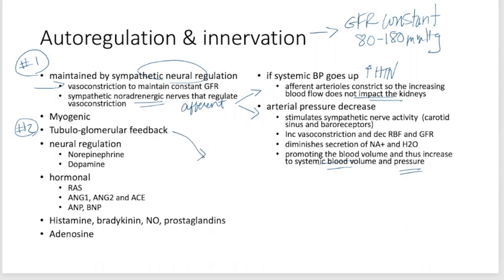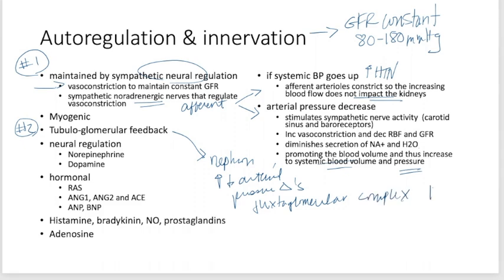This is a second mechanism of autoregulation for the renal blood flow and GFR, and that is based on the glomerular filtration rate in an individual nephron, which increases or decreases with arterial pressure changes, and then the juxtaglomerular complex will alter sodium. So increase or decrease sodium based on what's going on.